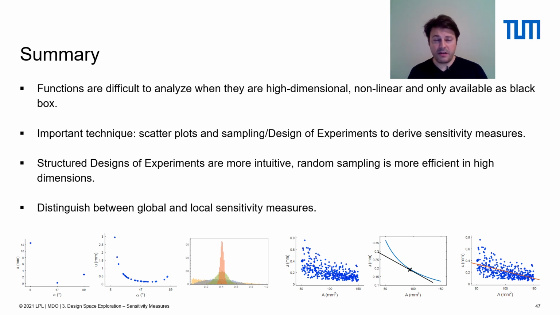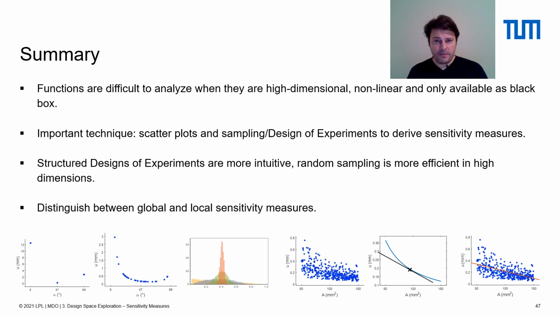This is particularly difficult when functions are high dimensional or have high dimensional input, when they are nonlinear, and when they are only available as black box, meaning that we do not have access to formula.